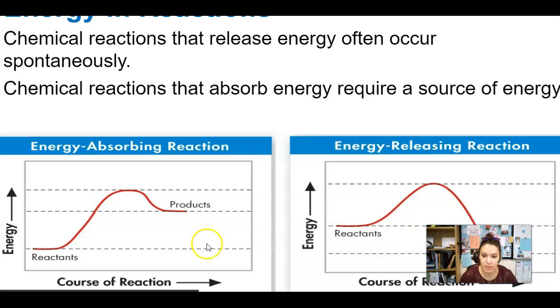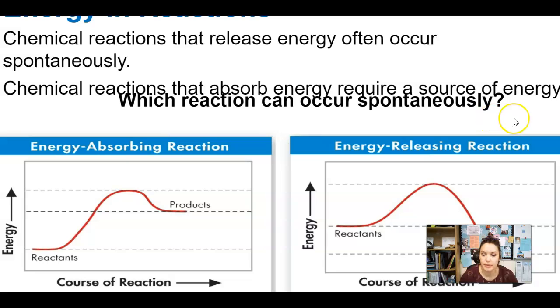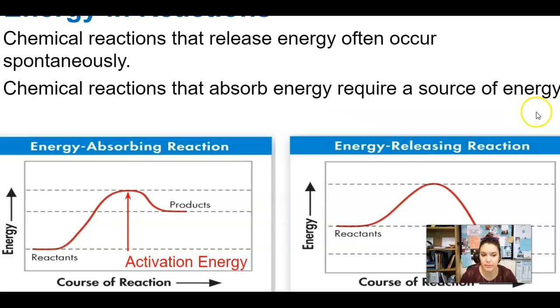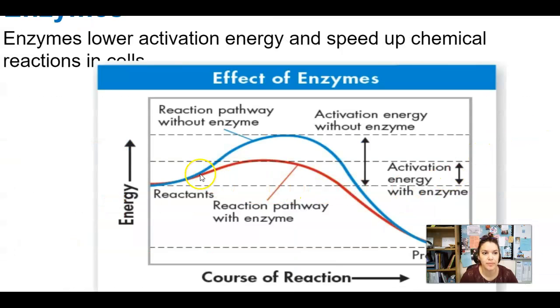All right, and this one's more gradual. All right, and energy releasing is spontaneous. All right, this is another vocab word for you. Activation energy is in those energy absorbing and energy releasing reactions. So activation energy would be that peak of the spike.